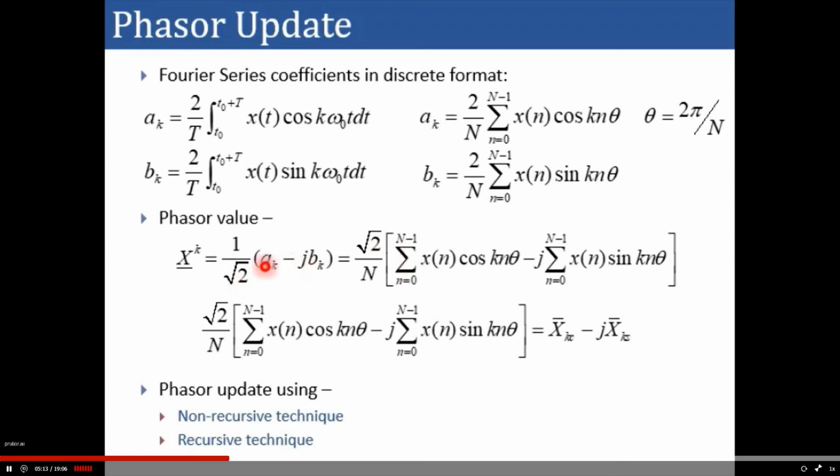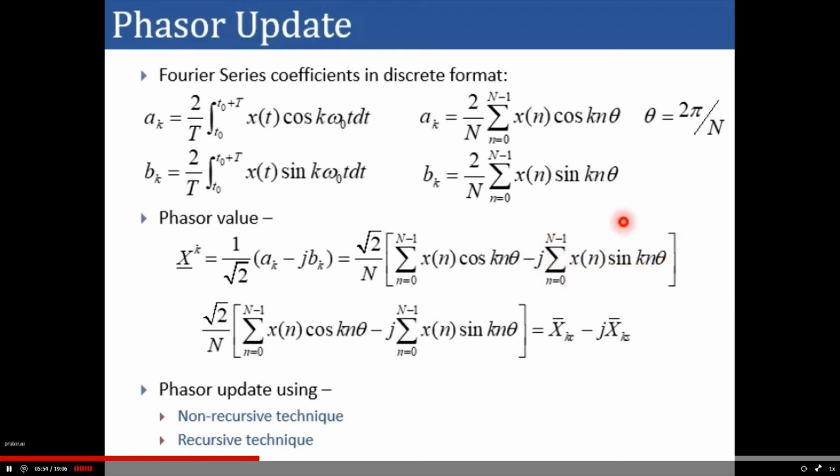If you put the values of ak and bk in discrete form, as we have with respect to the continuous component, and simplify, for the phasor Xk we can write Xk equal to root 2 by N times the sum from n equal to 0 to capital N minus 1 of xn cos(k n theta) minus j times the sum from n equal to 0 to capital N minus 1 of xn sin(k n theta).